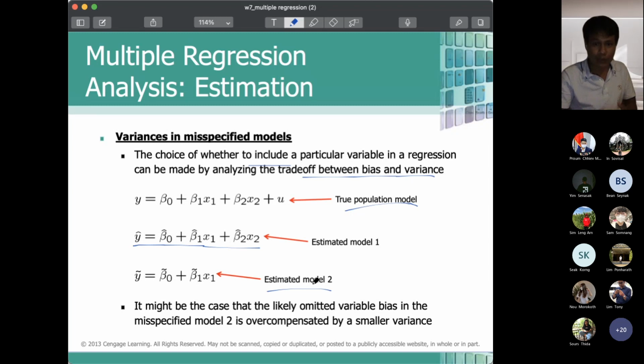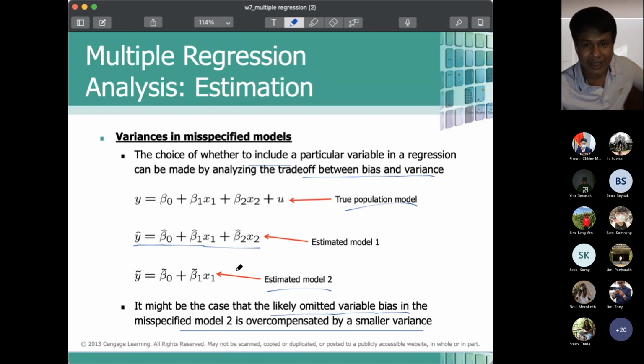Next, we want to compare the estimate and the variance. It might be the case that the likely omitted variable bias in a misspecified model 2 is overcompensated by smaller variance. So what we learned so far is that if you estimate using model 1 here, you will obtain an unbiased estimate, right? But you will obtain large variance.